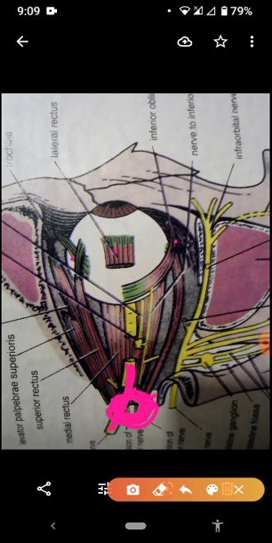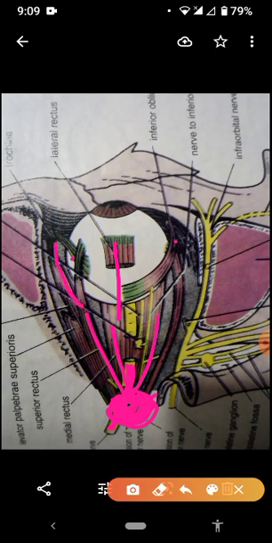So all four muscles are originating from the posterior wall of the tendinous ring. Two muscles are left, which are the superior oblique and the inferior oblique.